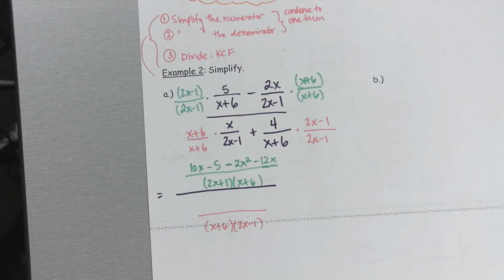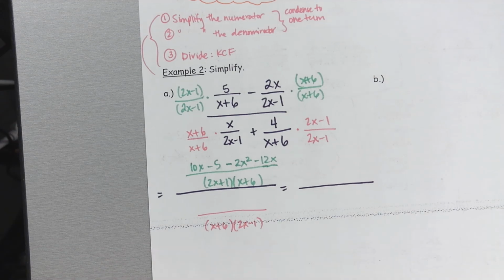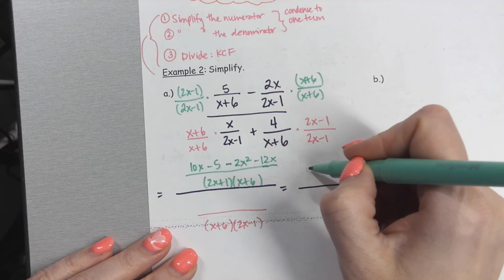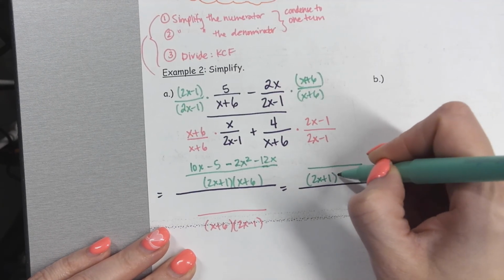You need to show that you're multiplying by something equivalent to 1. Okay, so go ahead and factor those. Not factor, distribute.